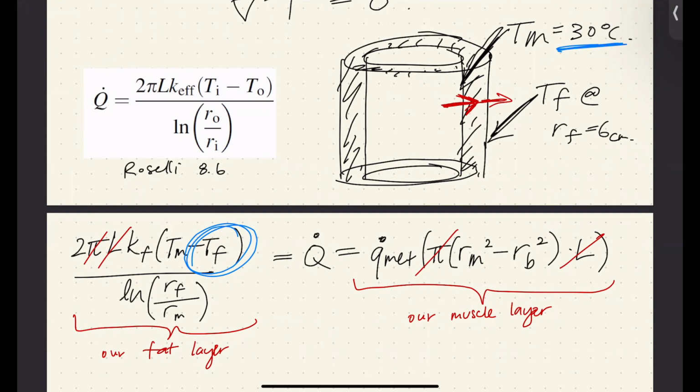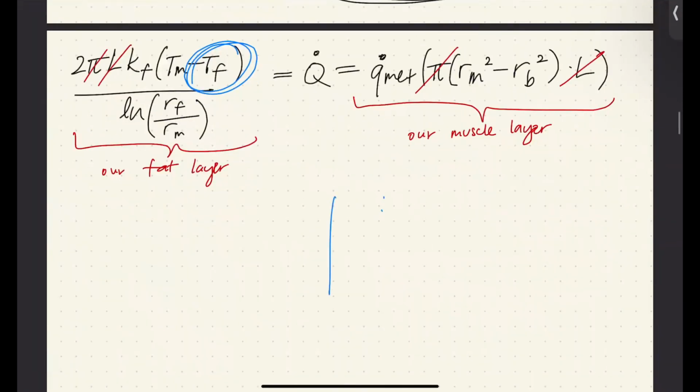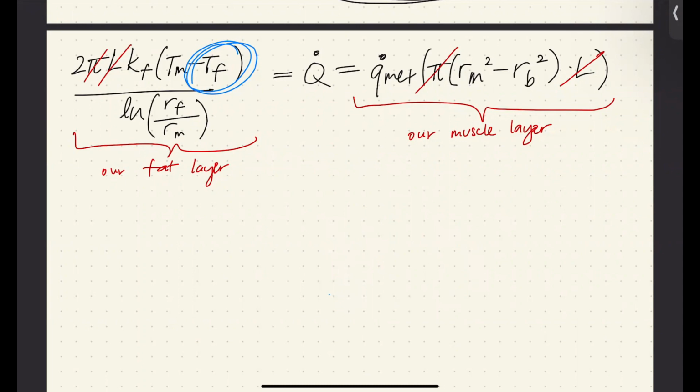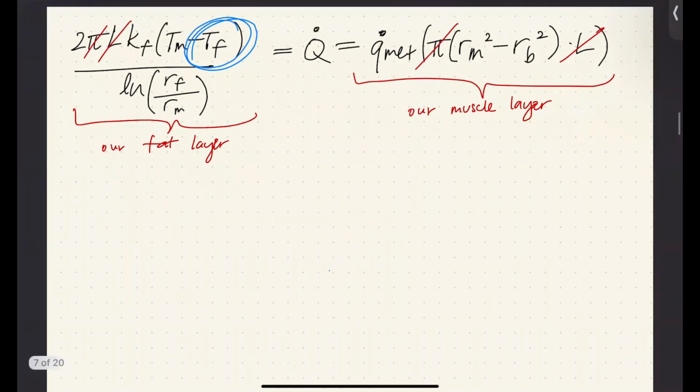So it can be this new temperature outside, and our muscle layer will still stay the same at 30 degrees. That's why it's great: insulation, pretty cool. So what we're going to solve for is Tf.